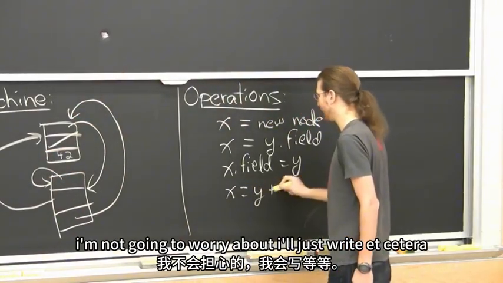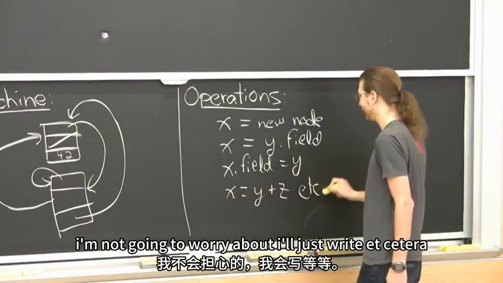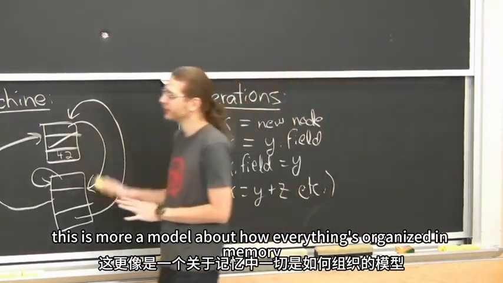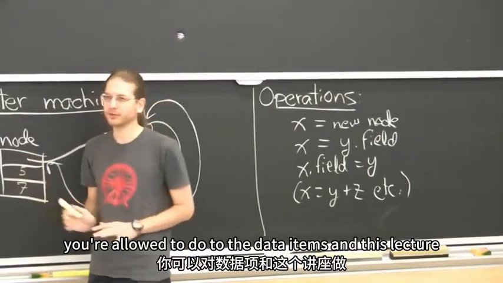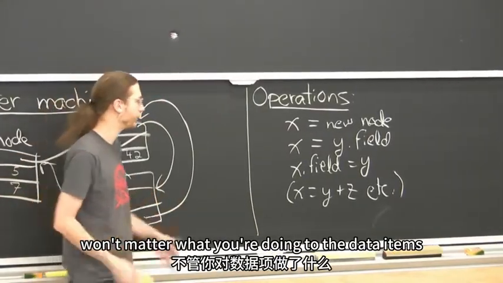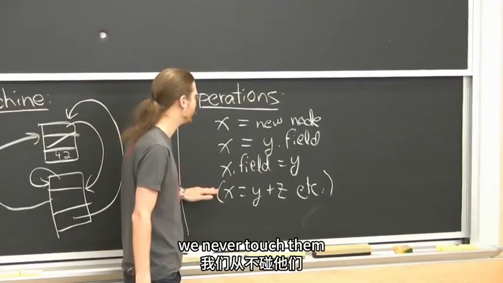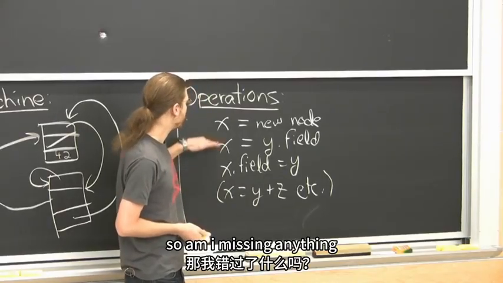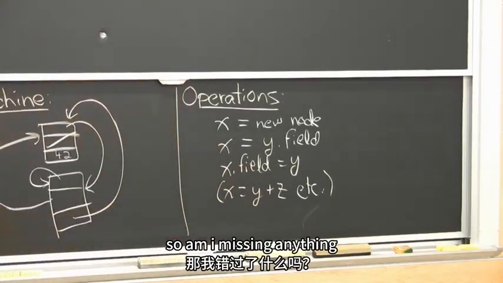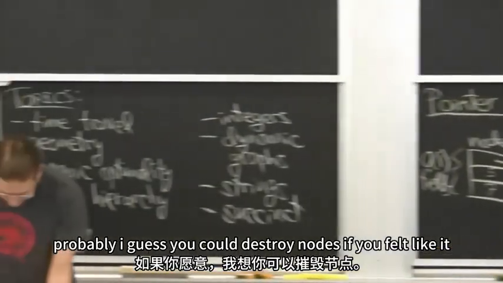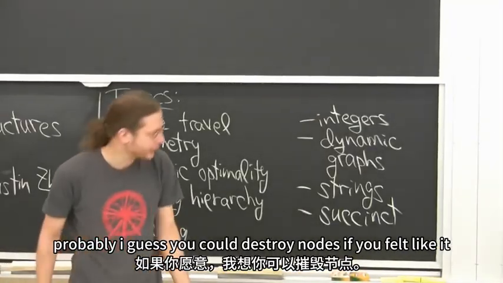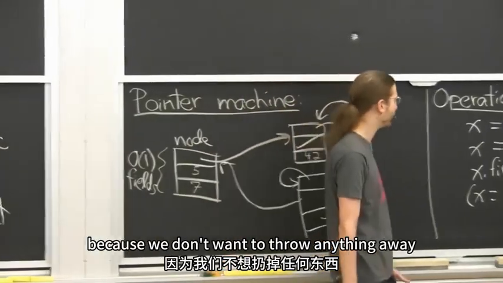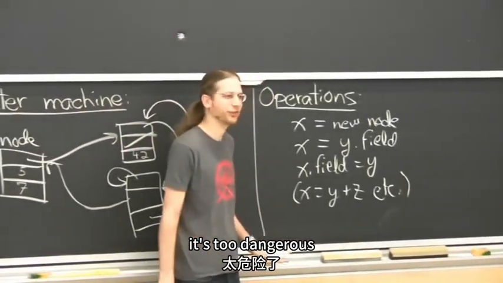I'll just write etc. This is more a model about how everything's organized in memory, not so much about what you're allowed to do to the data items. In this lecture, it won't matter what you're doing to the data items. We never touch them. We just copy them around. So, am I missing anything? Probably. I guess you could destroy nodes if you felt like it, but we won't have to today because we don't want to throw anything away when you're time traveling. It's too dangerous.